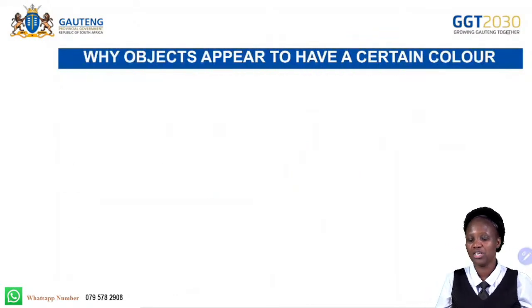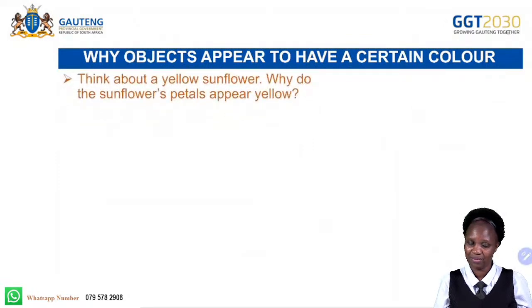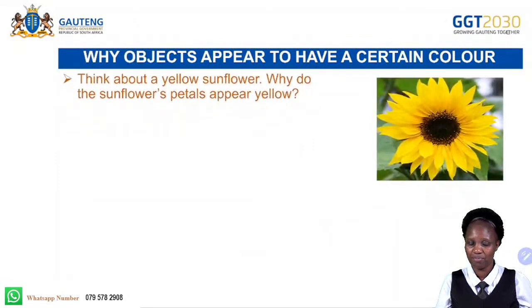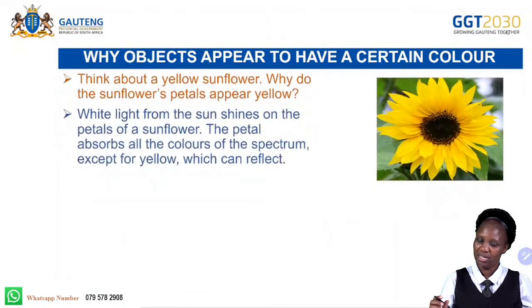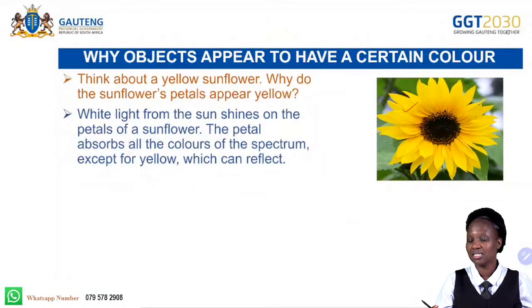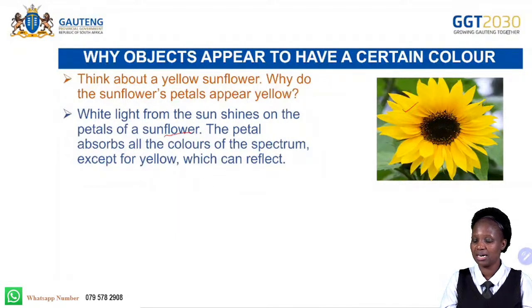Why do objects appear to have a certain color? Think about a yellow sunflower. Why do you think the sunflower petals appear to be yellow? This is the sunflower. These are the yellow petals. White light from the sun shines on the petals of a sunflower. The petals absorb all the colors of the visible spectrum except yellow, which can be reflected.